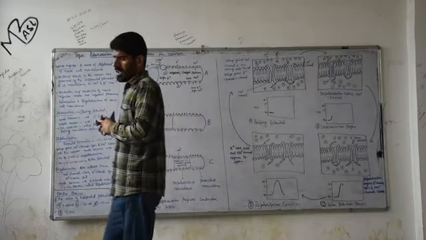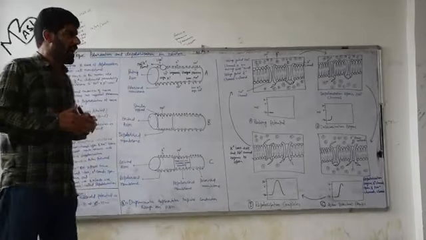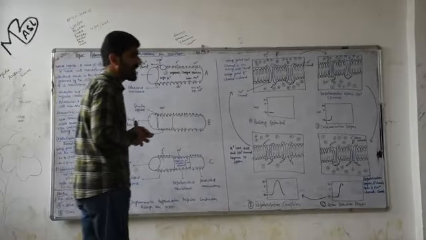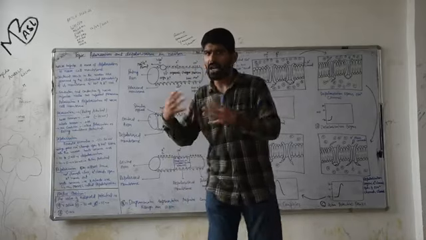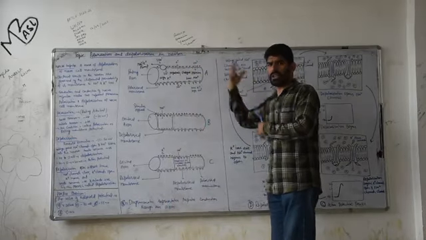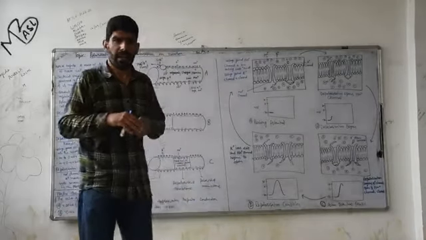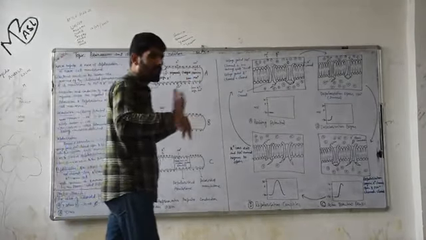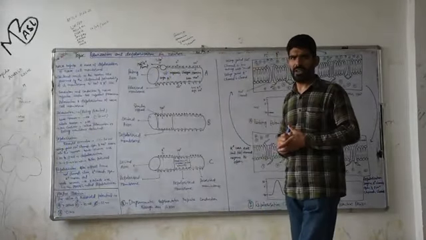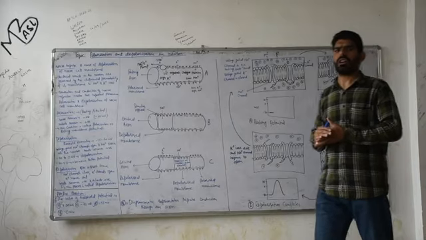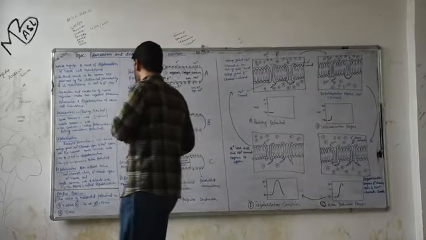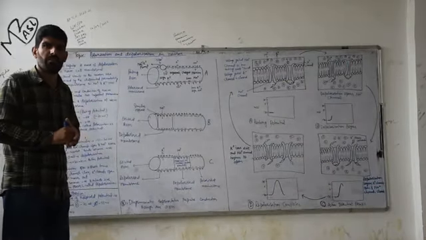Now, you see how polarization takes place. It is because of these voltage gated channels and the sodium potassium pump. How they work, how they are responsible for polarization, and later we will see for depolarization. First, we will understand polarization.